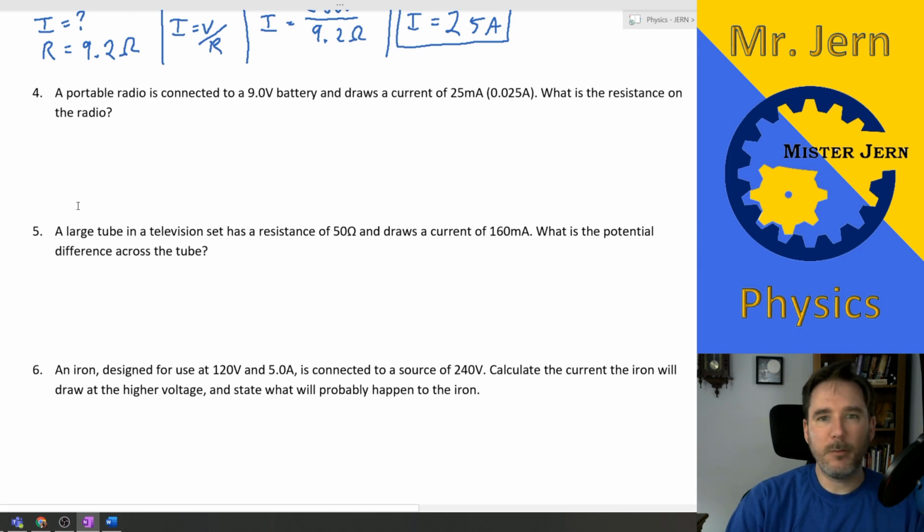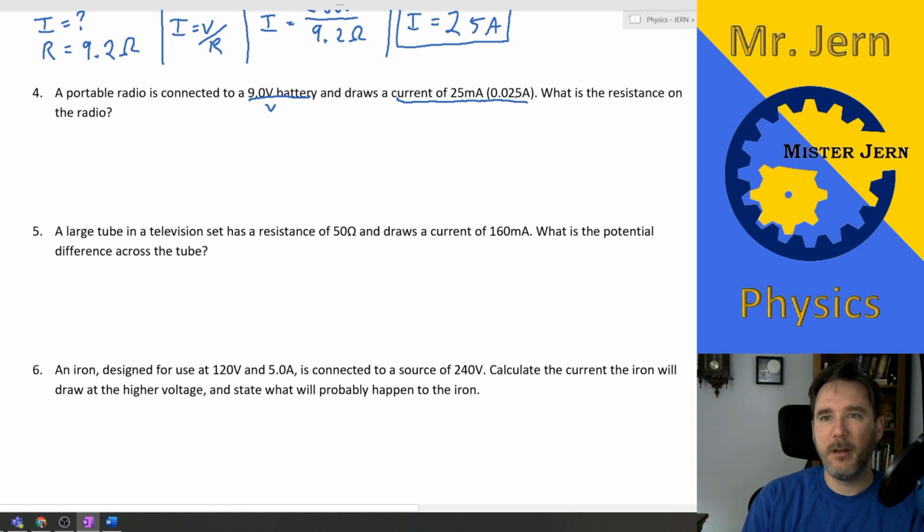So we have a portable radio, which is nice to have in case of emergencies, a little portable radio that doesn't depend on the web, because sometimes the internet goes out. But we have a 9-volt battery voltage. It draws a current of 25 milliamps.